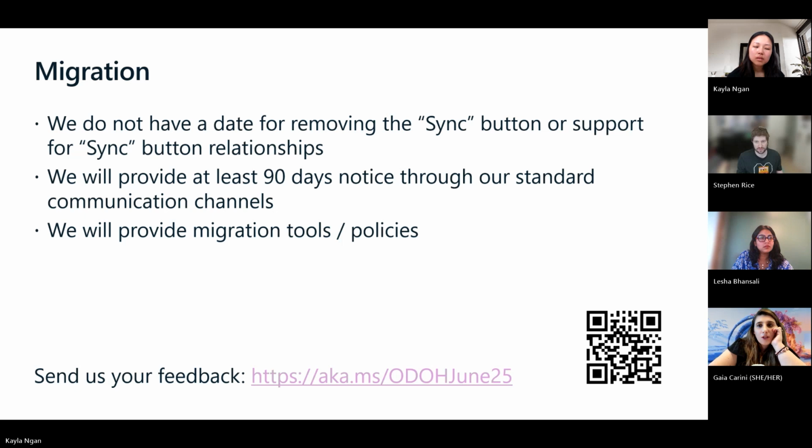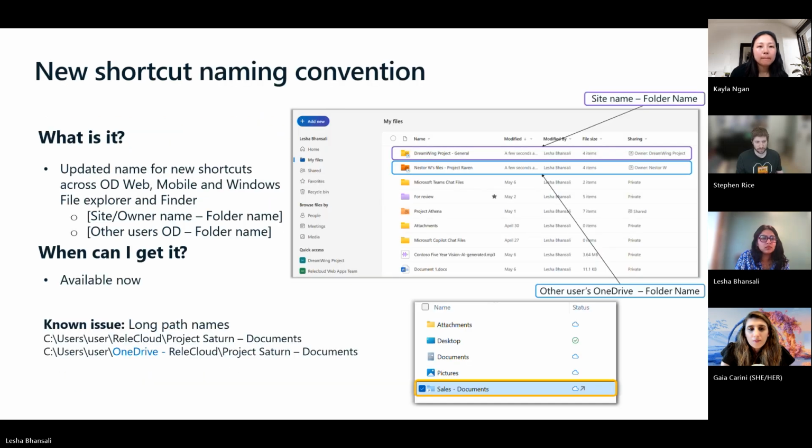When you sync files, the local path is under the company name and the document library. And if you stop syncing that, and then you add shortcut to OneDrive to the same library, will it be the same folder in the same path?